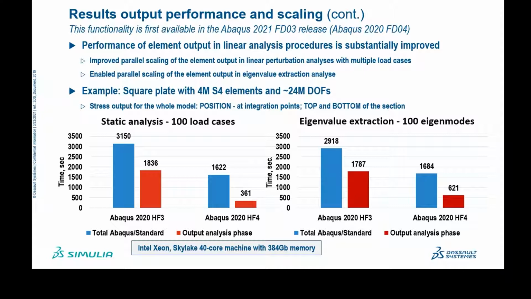And here we could see a nice comparison between Abaqus 2020, Abaqus 2020 hotfix 3, and Abaqus 2020 hotfix 4. And of course, the same capabilities have been incorporated into Abaqus 2021 as well. So there is a reduction factor in terms of the time by almost a factor of 2 between the total analysis to the output analysis phase.